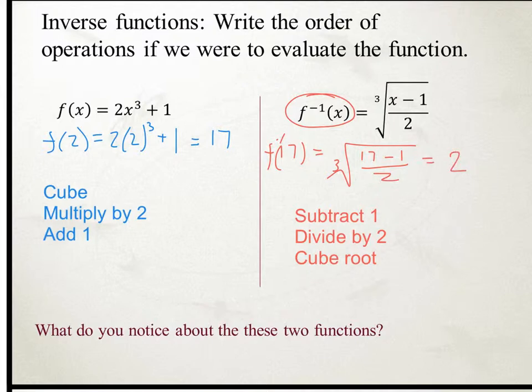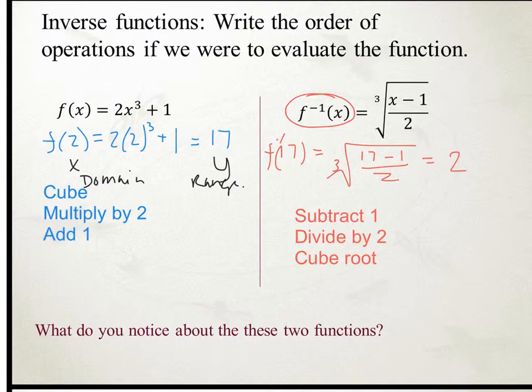And so what I want you to notice also, besides the operations being opposite or inverse, that the order is also inverted. And the input, so the x value of our function gives us a y value. Notice that that domain value and the range value are switched around.